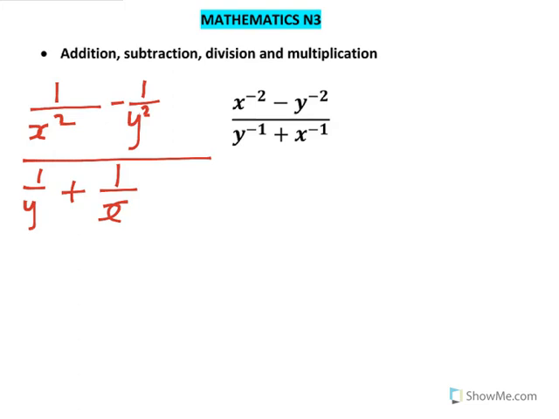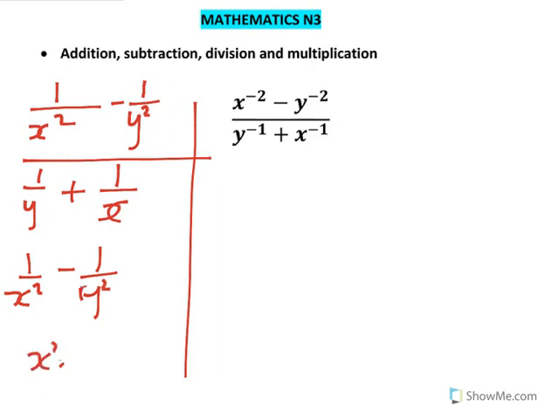You are going to add 1 over x squared minus 1 over y squared. So you're going to have x squared y squared as the common denominator, and when you add it, you'll see x squared into x squared, you're going to have y squared minus x squared. Now you can further simplify it, but you can leave it like that.